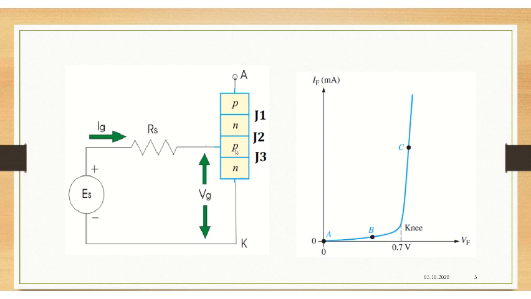What about the lightly doped condition? If my P and N regions are lightly doped, that means there are very few charge carriers, so the characteristics would be like this. In order to make current flow, you have to apply more voltage, and the curve would resemble somewhere here.